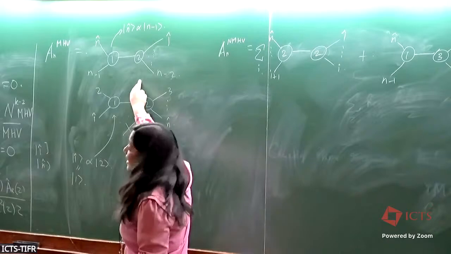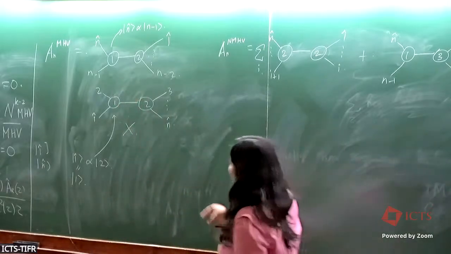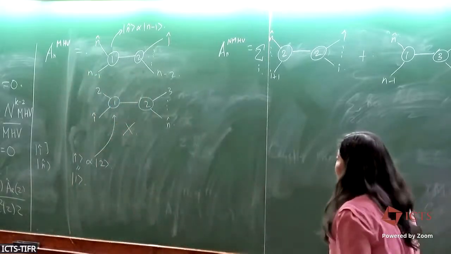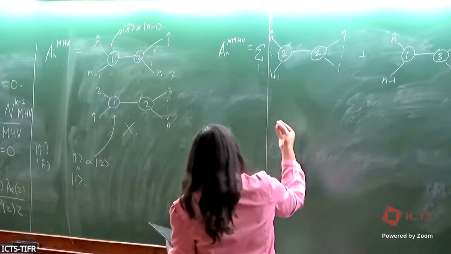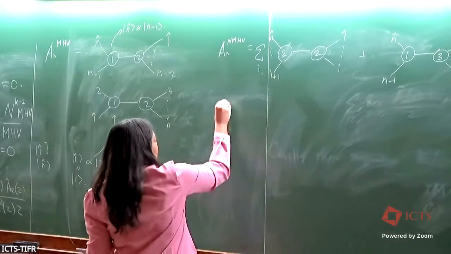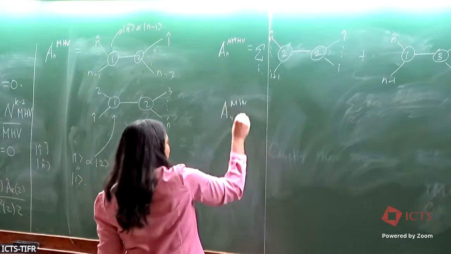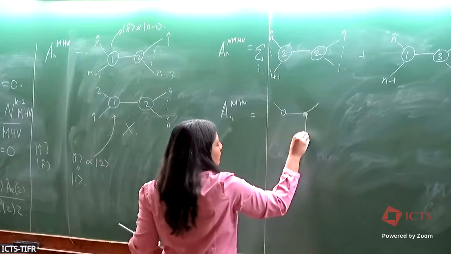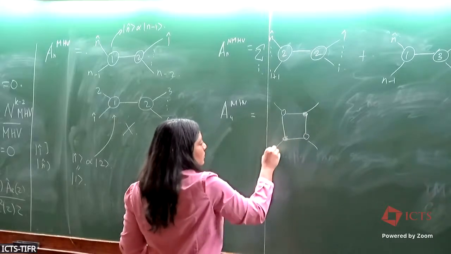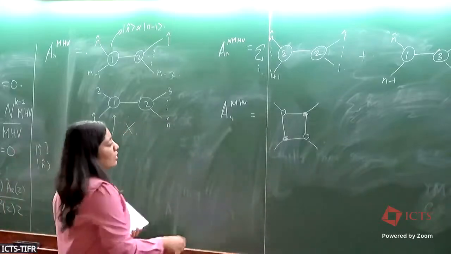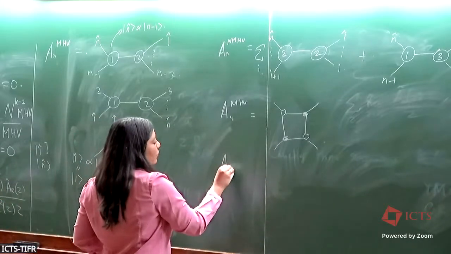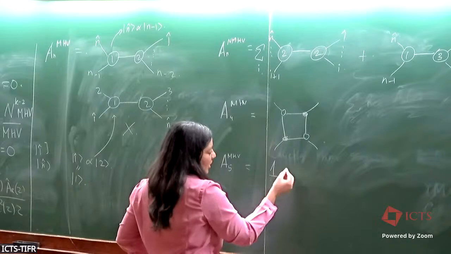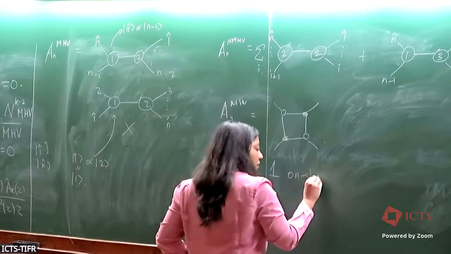So in the MHV case, there's only 1 term. And you can see that this n depends on the n minus 1 MHV amplitude, which means that if I start drawing diagrams, such as if I told you, without telling you exactly why, that A4 MHV is this, then you know that the BCFW term for A5 MHV only contains 1 such diagram. So I'm going to call it an on-shell diagram.